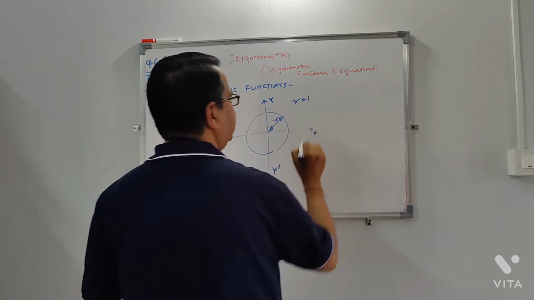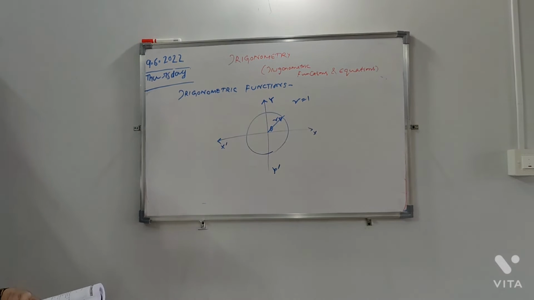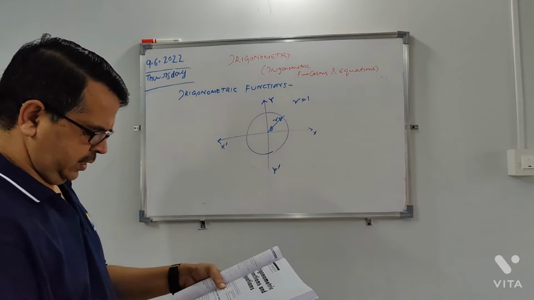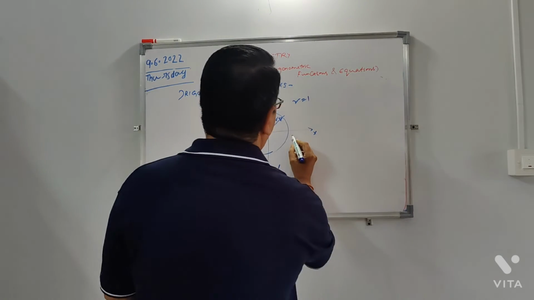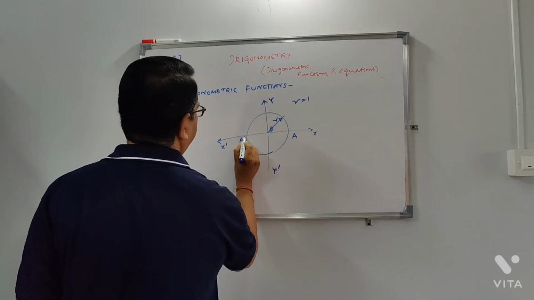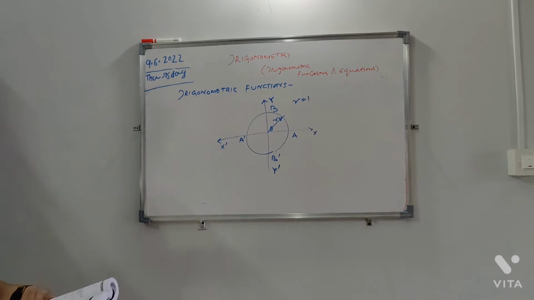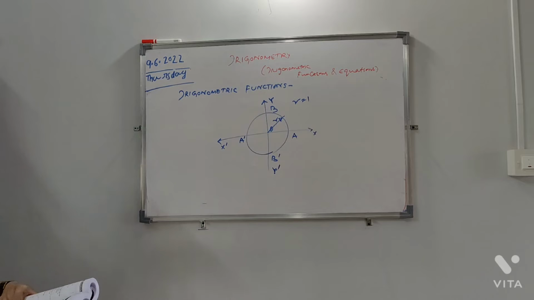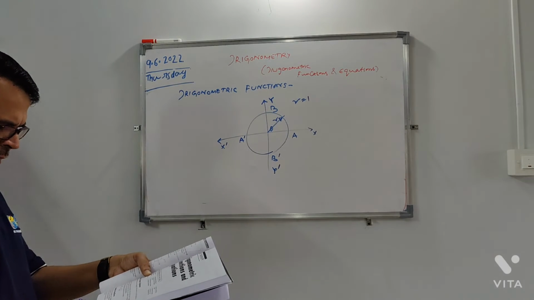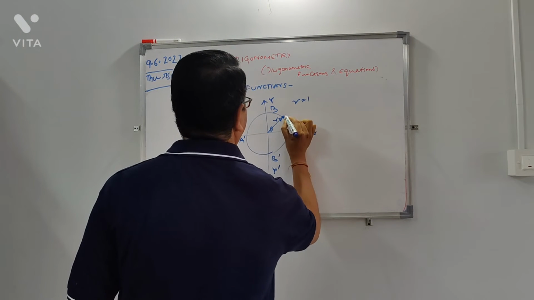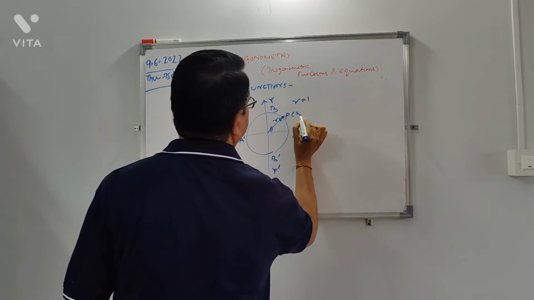The circle cuts the coordinate axes at A, A dash, B, B dash. So these are my coordinate axes, and the circle cuts them at these 4 points. Let P(x, y) be any point on the circle.